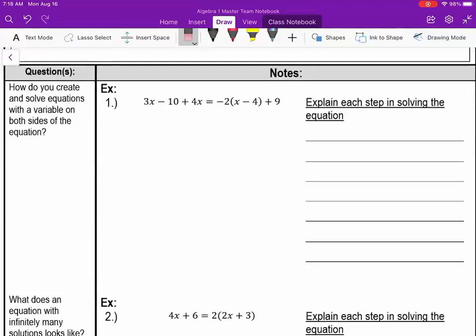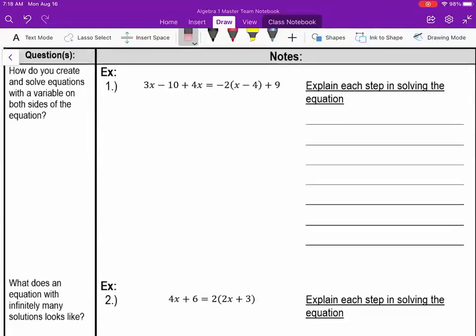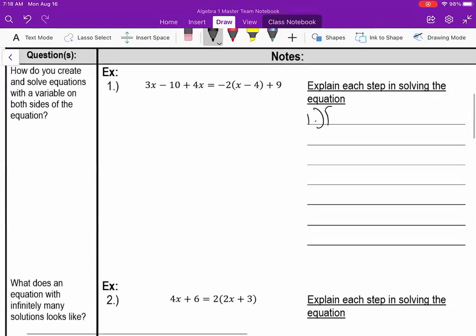So I'm just going to go ahead and write the questions that we always ask ourselves. For example, the first one is, as we remember, do we have parentheses? That is the first thing that you should be asking yourself. After that, do I have any like terms? Remember, we want to be checking for those as we simplify before solving.